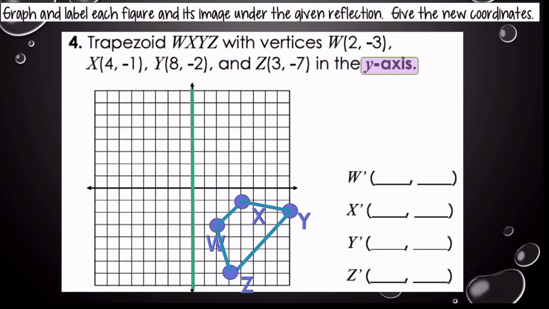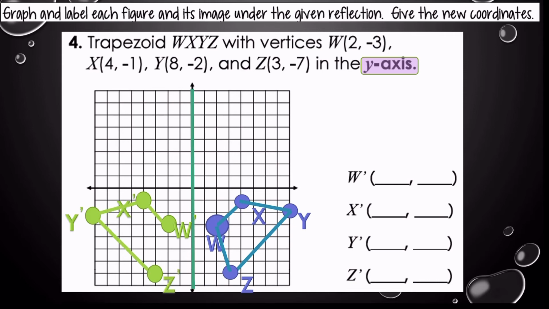I'm then going to take each point. My original pre-image is to the right, so my image should now be to the left, and I take each point. So my W is where I'm going to start. I'm going to move it to the left side, same distance from that line of reflection, and label it. Same distance, same distance, same distance.